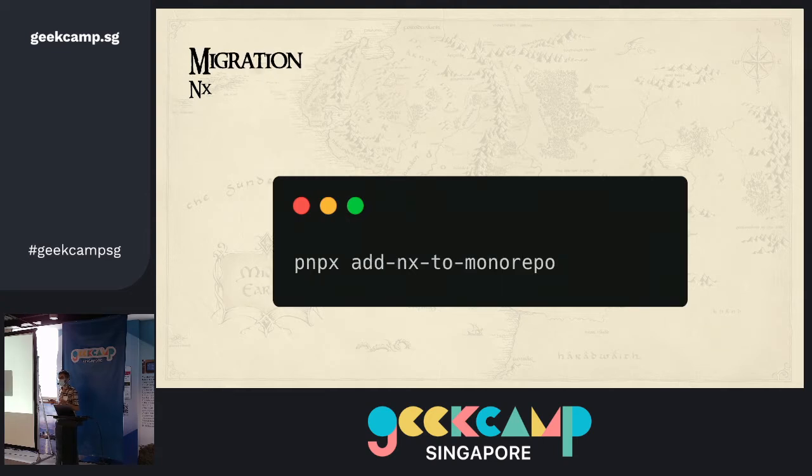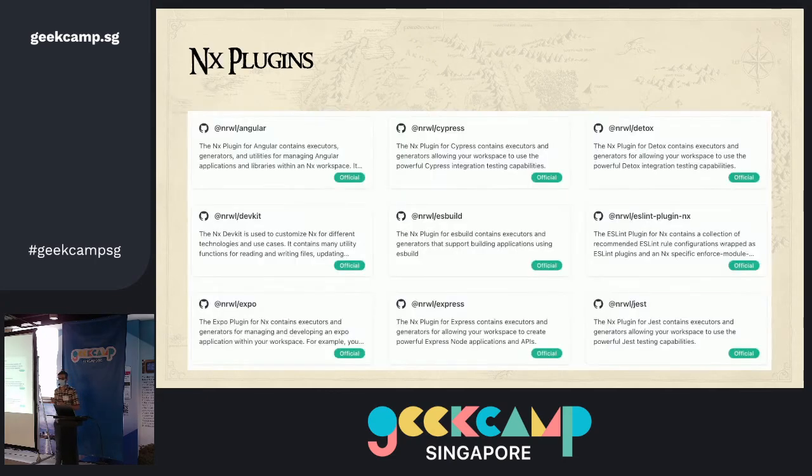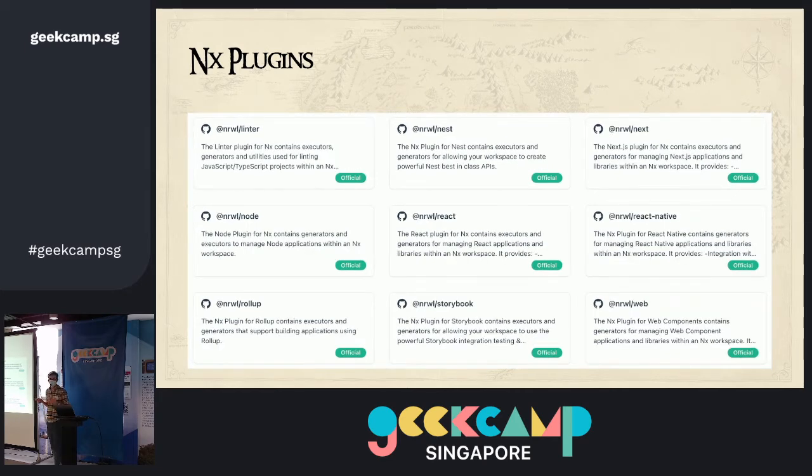If you have an existing monorepo, you can install by using the add NX to monorepo command, and it will try to read your project and set up NX for you as well. You have a lot of plugins depending on what you want to use. If you're using Angular, React, Vue, there's probably a plugin for it. All of these are the official plugins, and there are also a ton of community plugins.